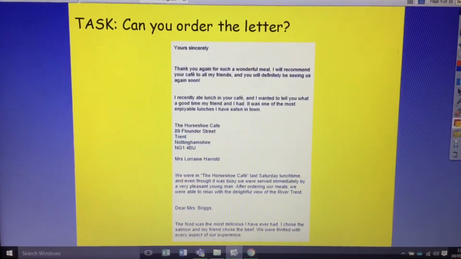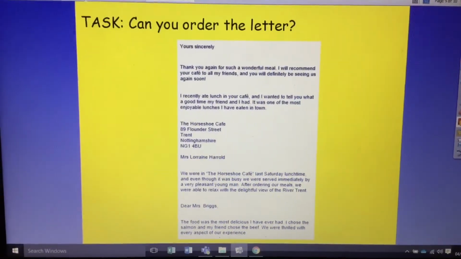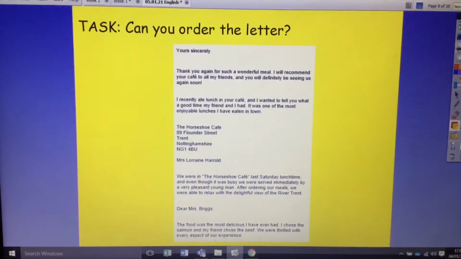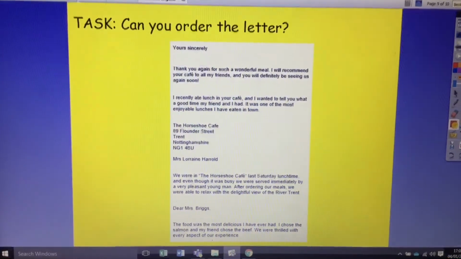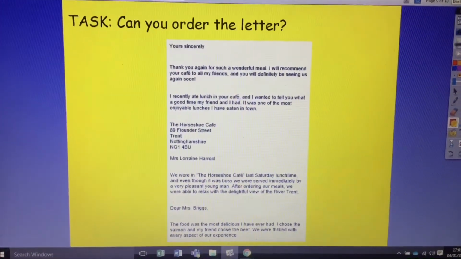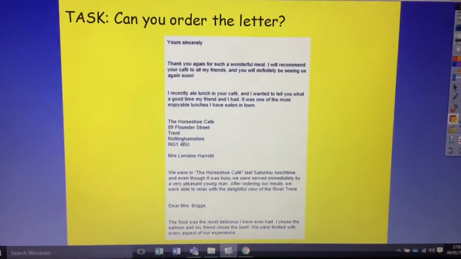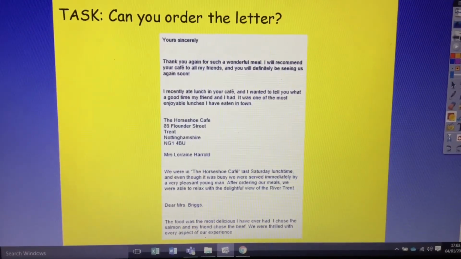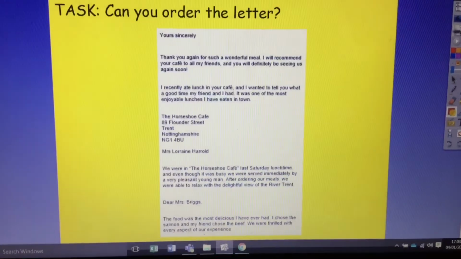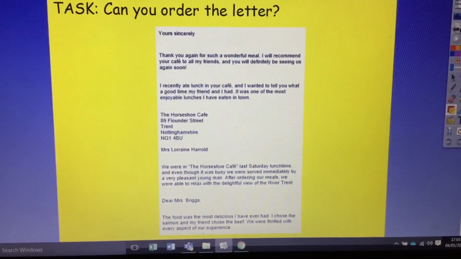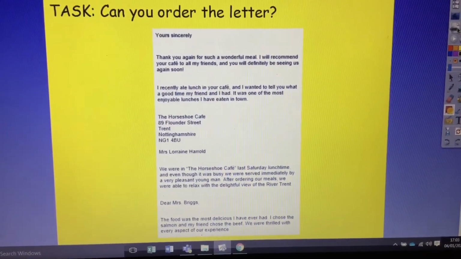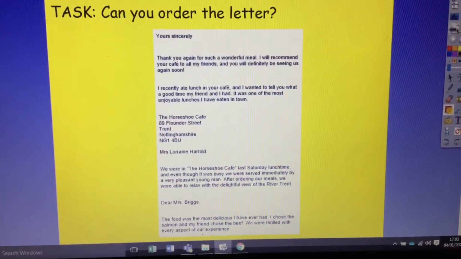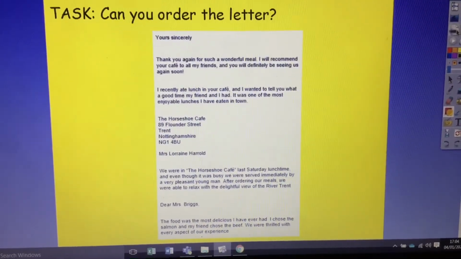And here is your main task for today. This letter is all jumbled up. It says, yours sincerely, thank you again for a wonderful meal. I will recommend your cafe to all my friends and you will definitely be seeing us again soon. I recently ate lunch in your cafe and I wanted to tell you what a good time my friends and I had. It was one of the most enjoyable lunches I've eaten in town. The Horseshoe Cafe, 89 Flounder Street, Trent, Nottinghamshire, NG1 4BU.